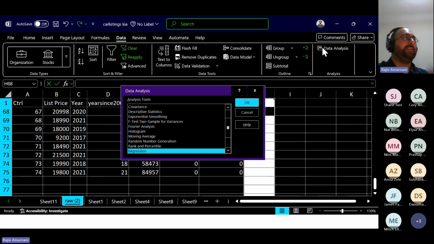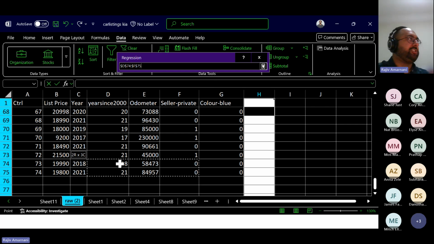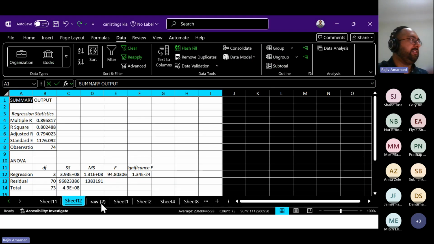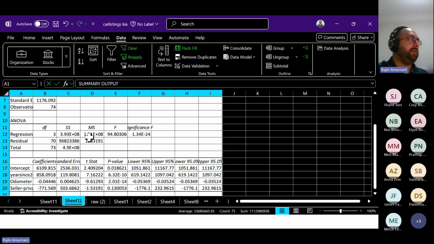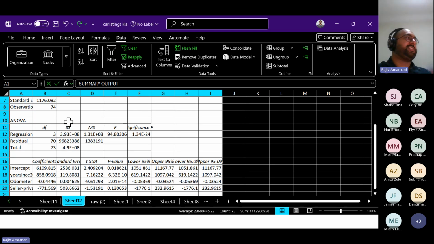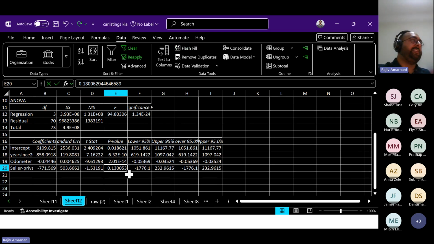So we run the model again without blue. We change the predictors to just these 3. Run the model. Wow, there we go. Not much has changed. Adjusted R squared again, still very similar. And seller private is still not statistically significant.